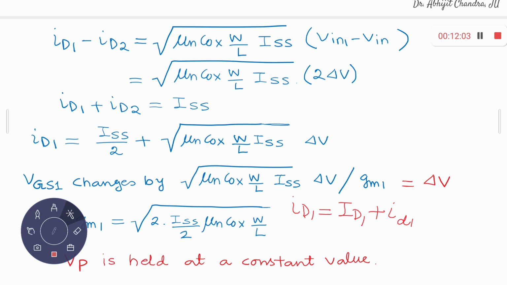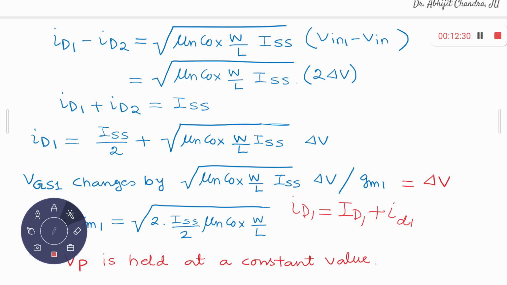So this is your DC part, ISS by 2, and this is the small signal variation. Now since it's an NMOS, you must understand that this drain current variation is nothing but gm times the gate-source voltage. id is nothing but gm vgs. So this entire thing is nothing but gm.